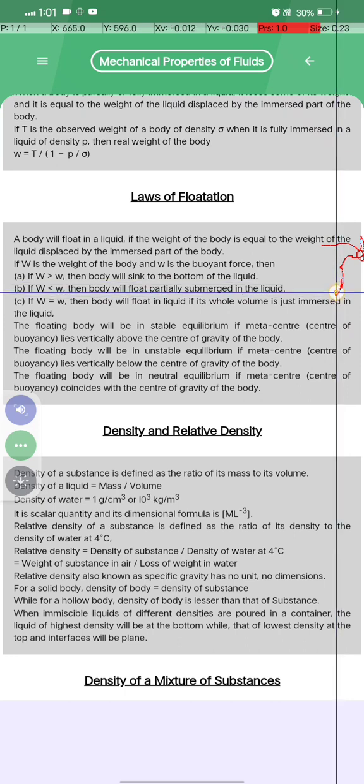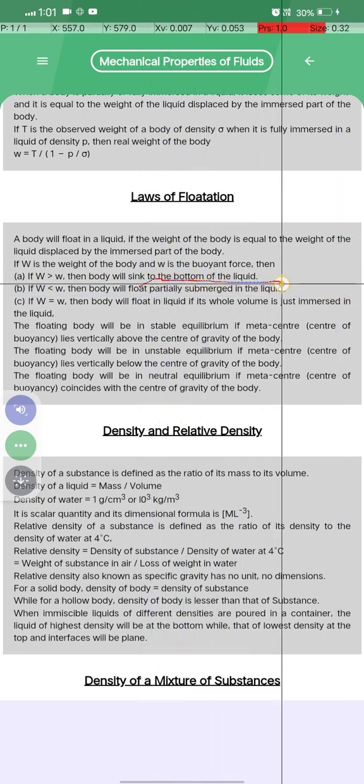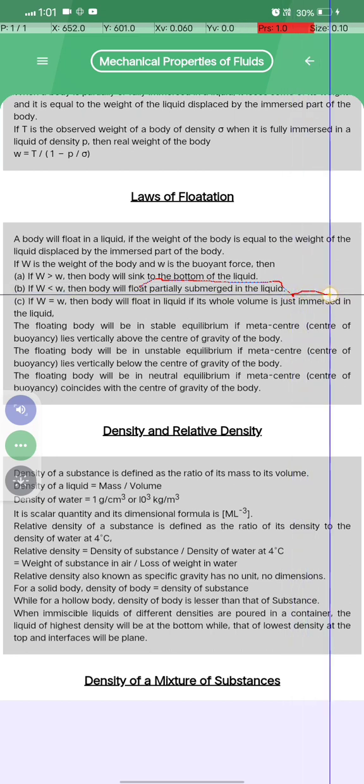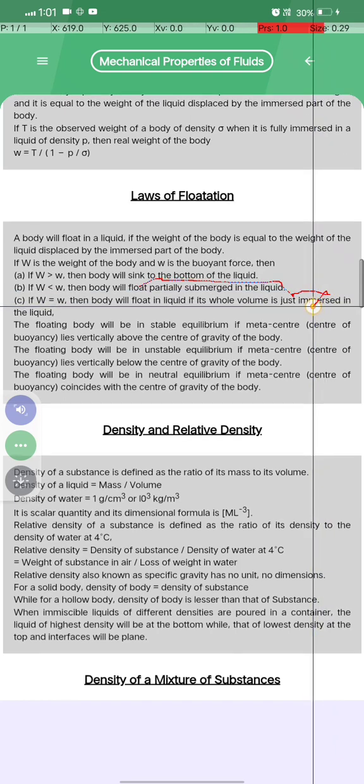And when capital W is greater than small w, the body will float partially submerged in the liquid.